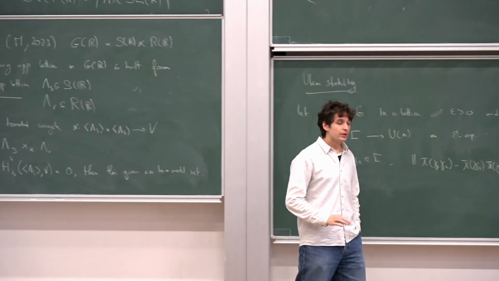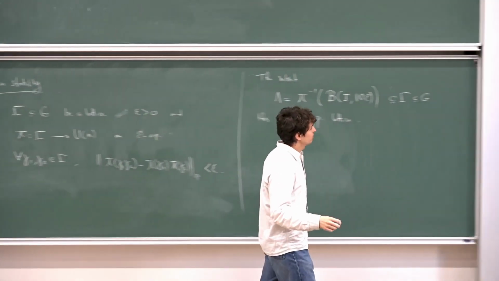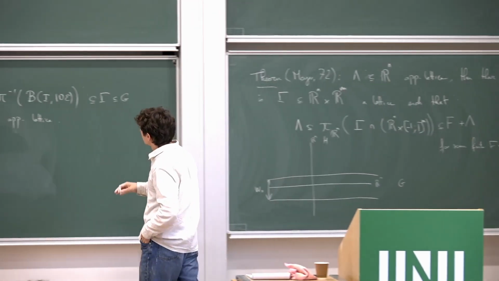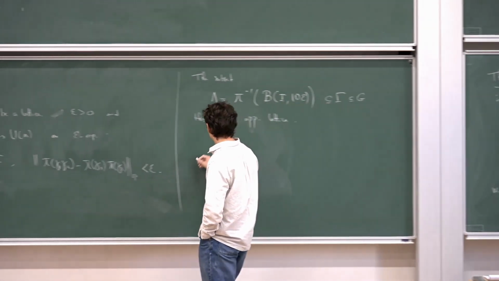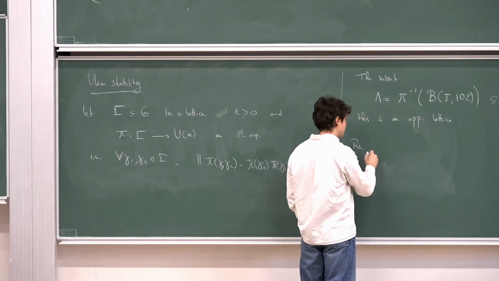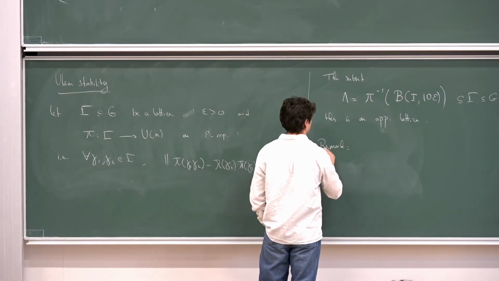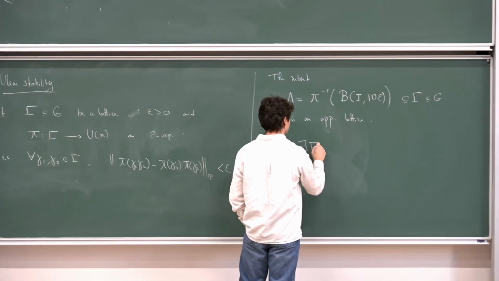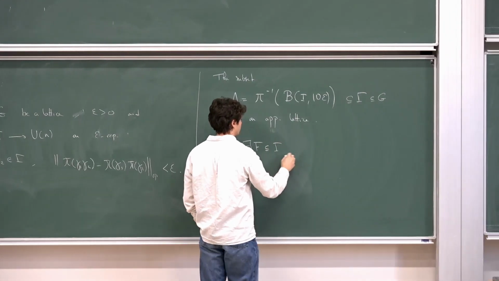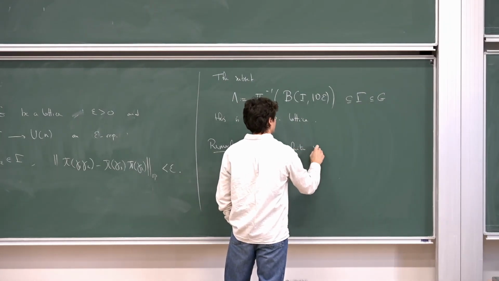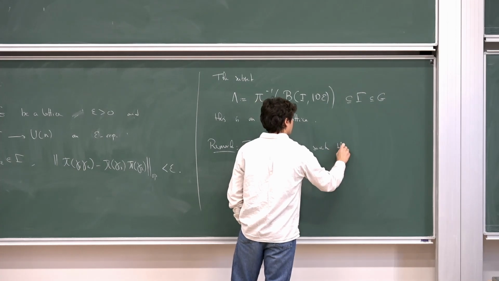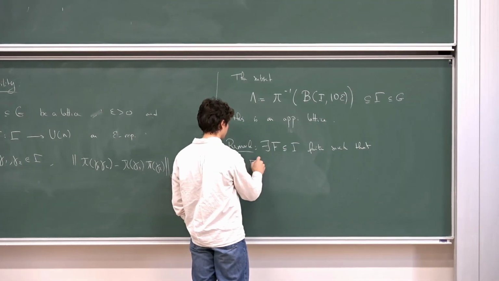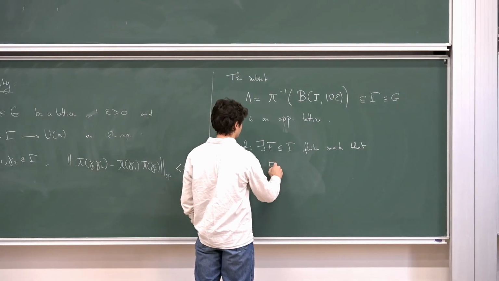Okay. So from the point of view of commensurability, it's a slightly silly one, because you can see that there exists a finite subset F in gamma such that gamma is actually equal to F times lambda.